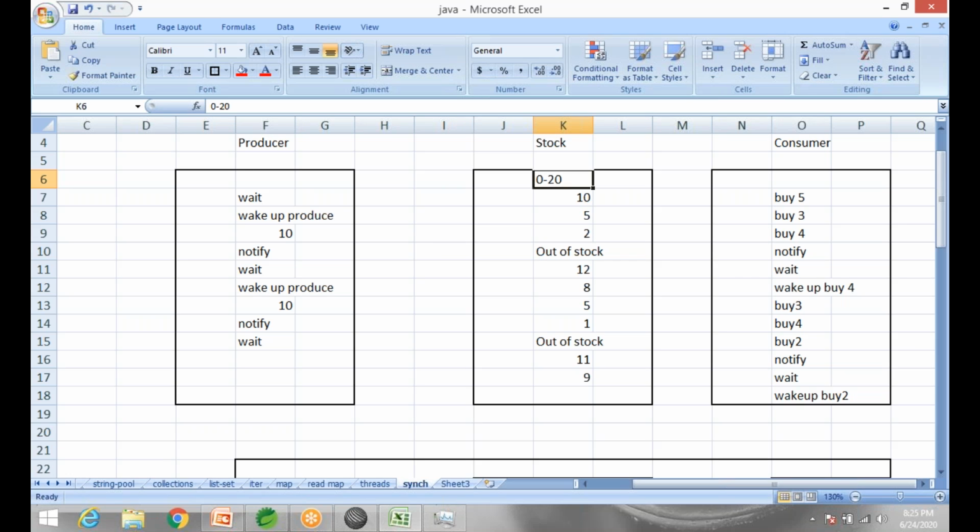And you should never go negative either. You cannot accept an order when you're out of stock, isn't it? You should never go into negative orders, and the number should never exceed 20. So that's the limit. If you stay between 0 and 20, it means your producer consumer is in perfect balance. Remember that.